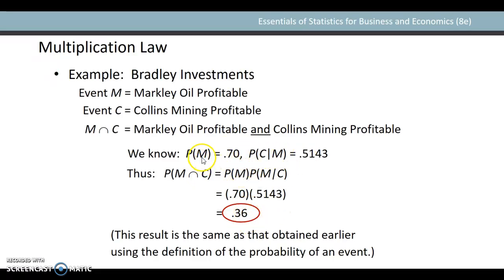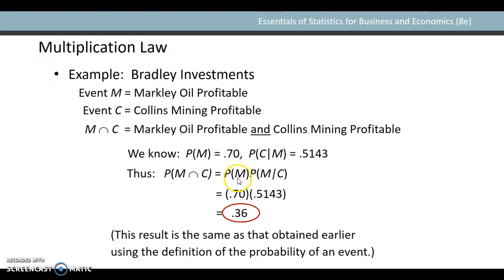The probability of M we know is 0.7. The probability of Collins given that Markley is profitable is 0.5143. Multiplying those together, this is reversed. This is a mistake. This is the probability of Collins given that Markley is profitable.